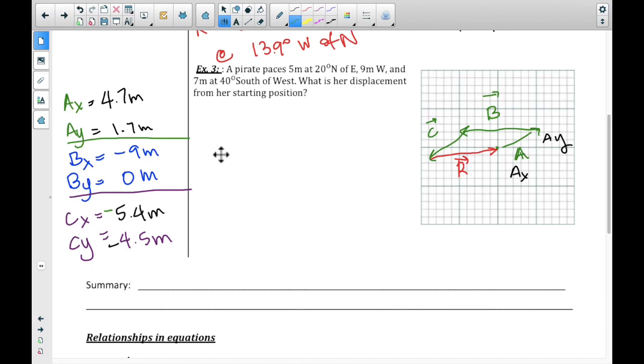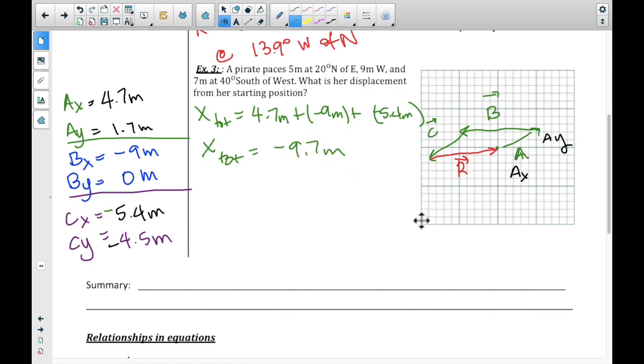So now, if I add up all my x components, I'm going to call that x total. Our total x is 4.7 meters plus a negative 9 meters plus a negative 5.4 meters. So for my total, I'm getting a negative 9.7 meters in my x direction.